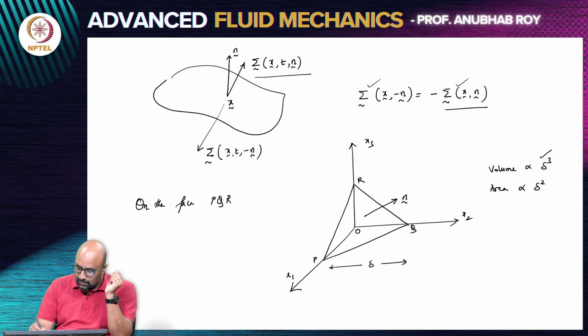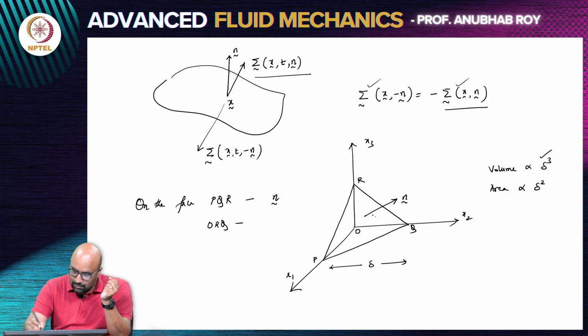For the other faces, which are not visible, the ones behind: on the face ORQ, the unit normal is minus x1.